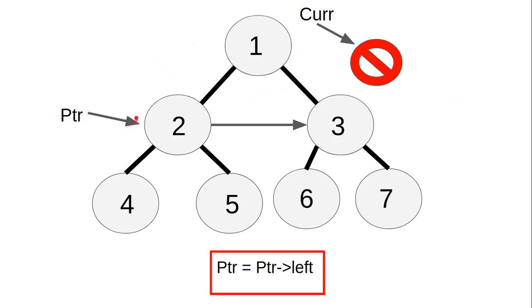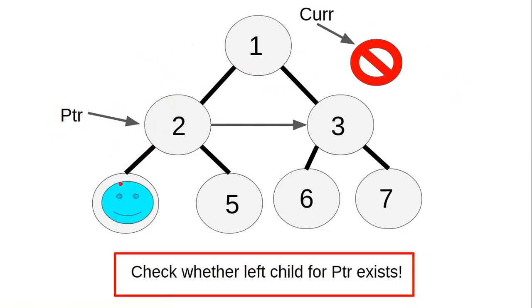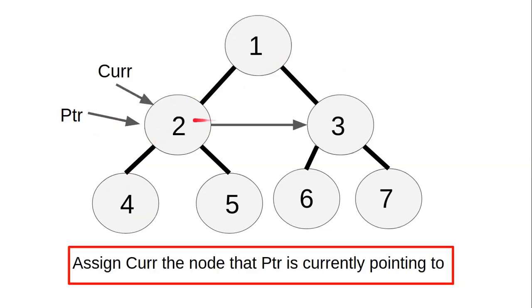While PTR is pointing to 2, its job is to see whether its left child is present or not. It found that its left child is existing. Then PTR will tell current to point to the node which PTR is currently pointing to, which is 2. So now current and PTR will be pointing to the same node, which is 2.